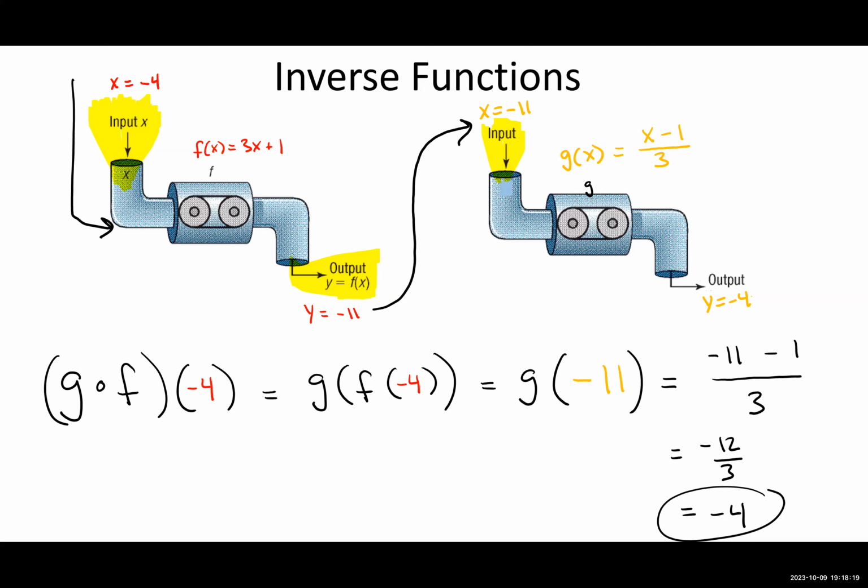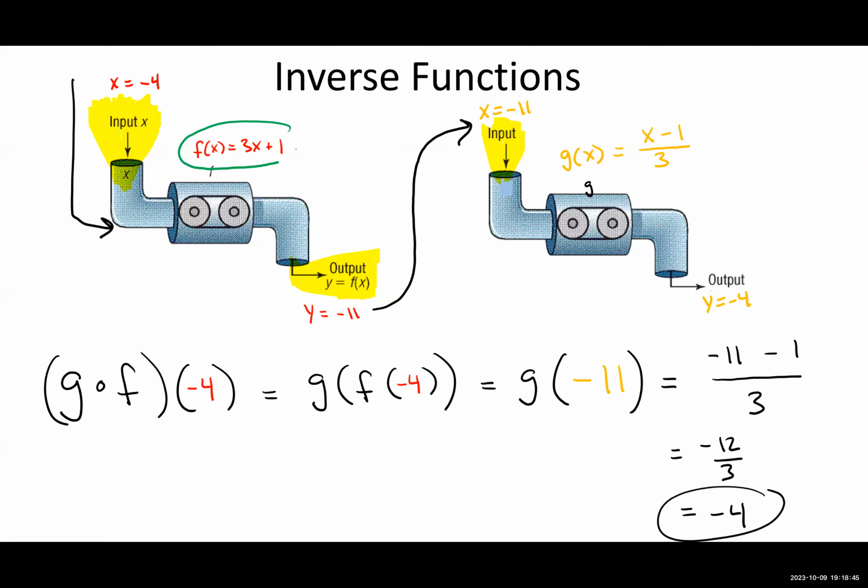These two functions are called inverses of each other because whatever one does, the other one undoes. So the f of x equals 3x plus 1, and the g of x, I'll do a little bit of green pen.